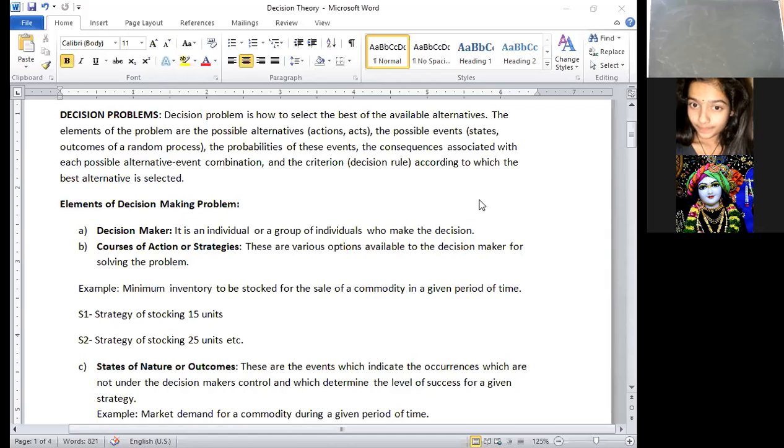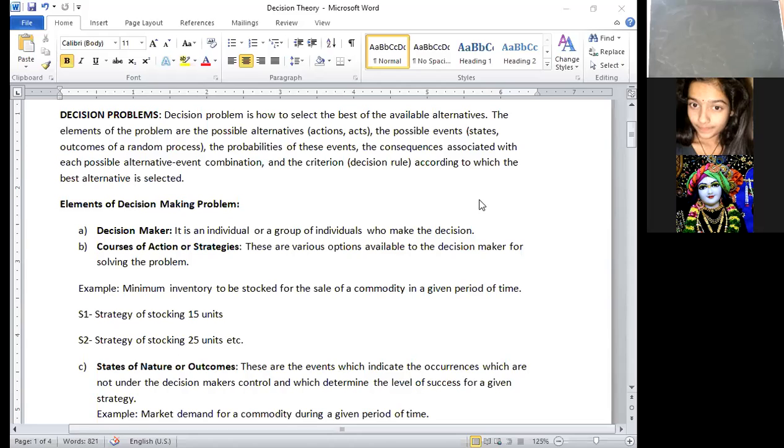Then, what is a decision alternative? We are saying decision is, among n number of alternatives available, you have chosen the best decision. As a decision maker, what is a decision alternative? There is a finite number of decisions available with the decision maker at each point of time when a decision is made.